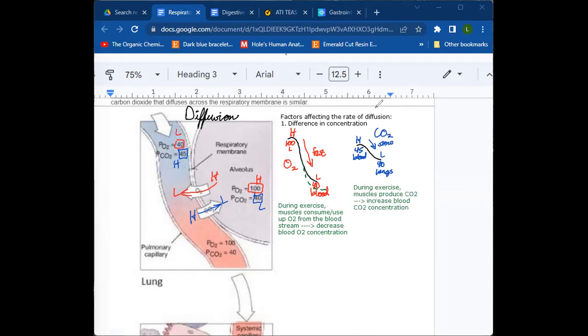And so that could cause a faster diffusion of the carbon dioxide out of the blood and into the tissues. So that's just the first factor that can affect the rate of the diffusion.